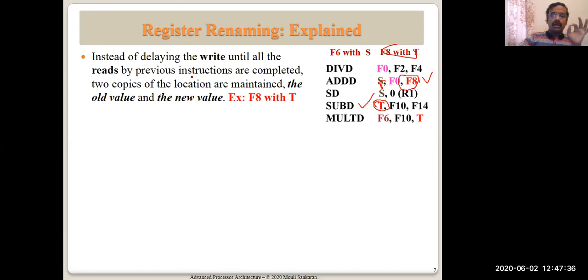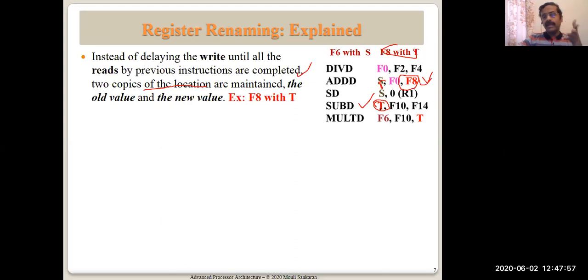Let me read it. Instead of delaying the write until all the reads by the previous instructions are completed, two copies of the location are maintained. Two copies. We maintain F8 and T. We have delinked them and they are going to have different values.